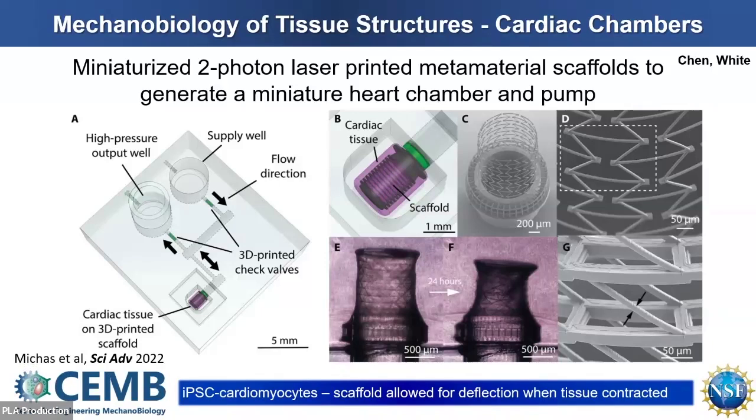It took some redesigning of that scaffold to get it such that it would only deflect in this one direction, because once that contraction started, the force could be quite large. Initial attempts showed that it collapsed and didn't deflect back, but they were able to figure out that design and get that to work well.